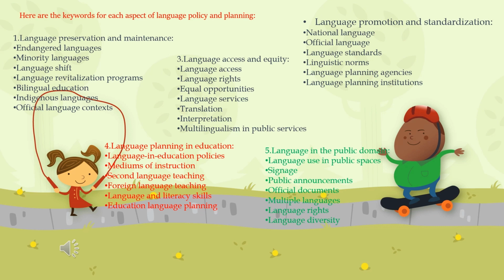Effective language policy and planning aim to promote linguistic diversity, ensure language rights, and foster inclusive and sustainable language practices within a society. On the screen, you can see some keywords. Under the heading point, you've got some keywords. I think these keywords will help you better understand the aspects of language policy and planning.